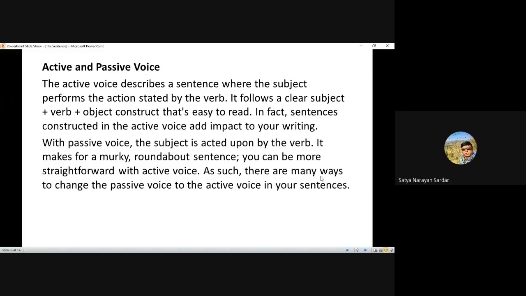But both are correct. Similarly, America was discovered by Columbus, or Columbus discovered America. Which one do we prefer? First or second? First. The first one we prefer. Both sentences are right. There is not even a single mistake.